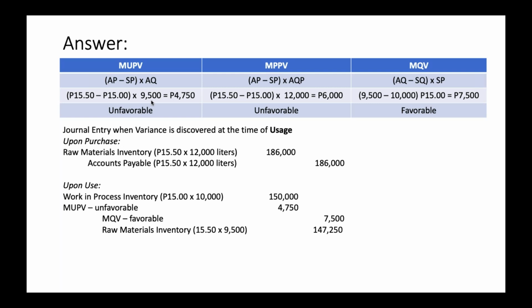So we will arrive at 4,750. How are we going to know if this is favorable or unfavorable? This is the actual, this is the standard, so we pay more than the standard. So therefore, this is unfavorable.